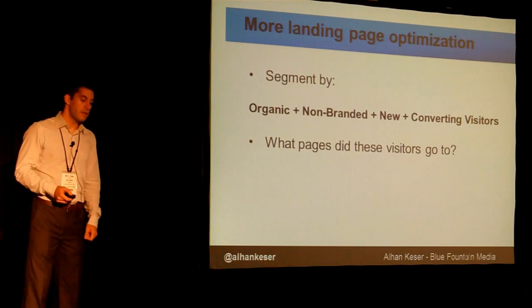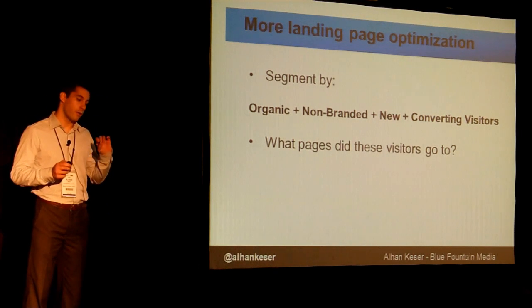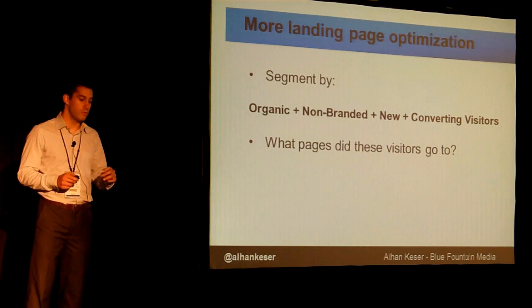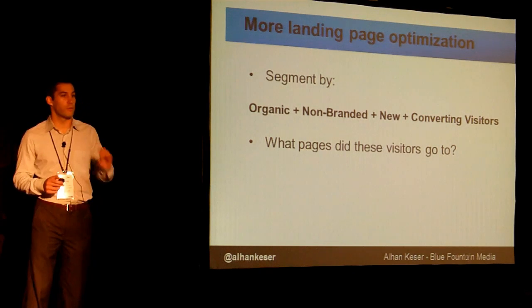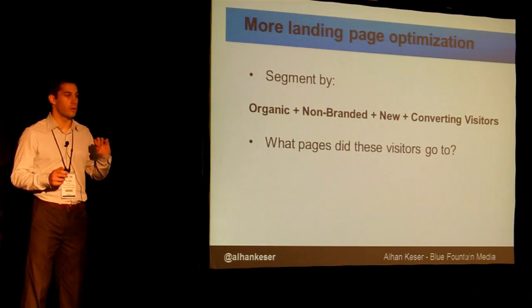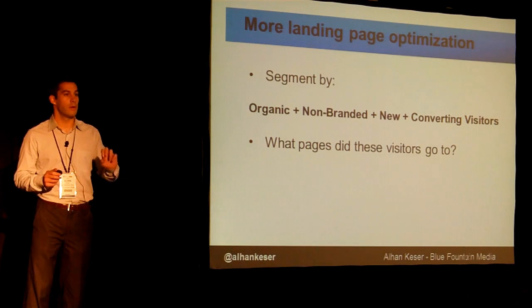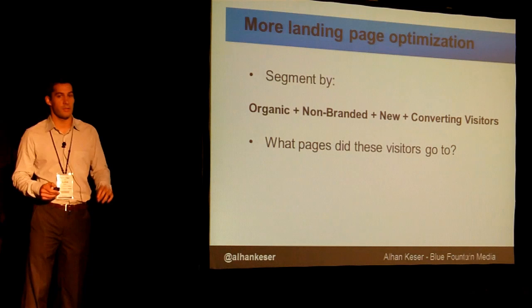Another one, segment your audience now by organic, non-branded, new visitors who are converting. So these are the people coming in through search, through organic, who don't know you and who are converting. Look at what pages those people visit.